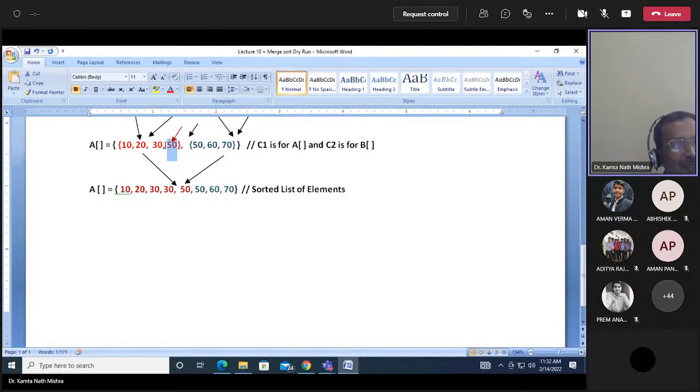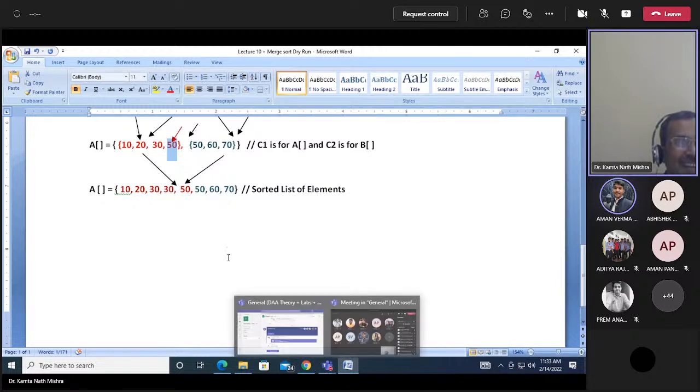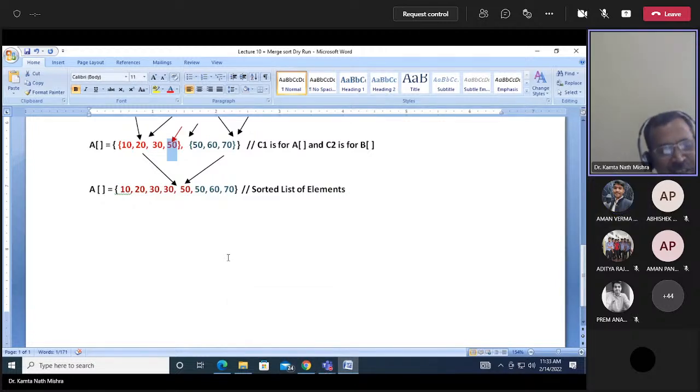Less than or equal to? Equal to, sir. So A3 is less than or equal to B0. So which one will you store, A3 or B0, as per your rule? Sir, A3. Very good. So A3 is less than or equal to B0, so you stored A3 in C3.